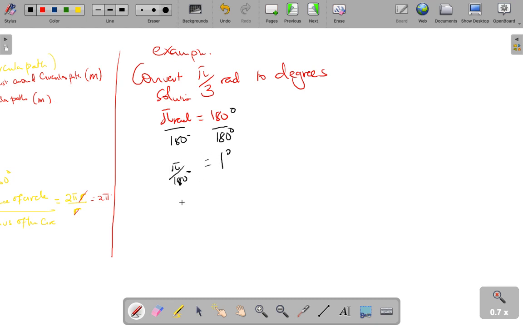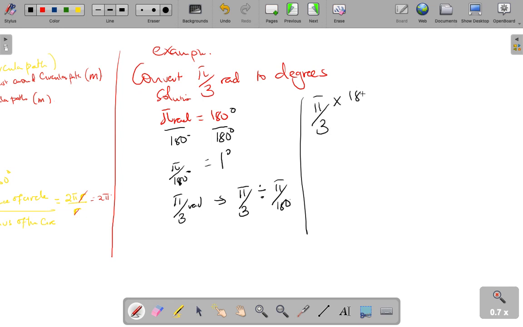If we need pi over 3 rads, we divide by pi over 180. Dividing this, we now have this times 180 over pi. The pi cancels out. Now we have 180 divided by 3, which gives us 60 degrees.